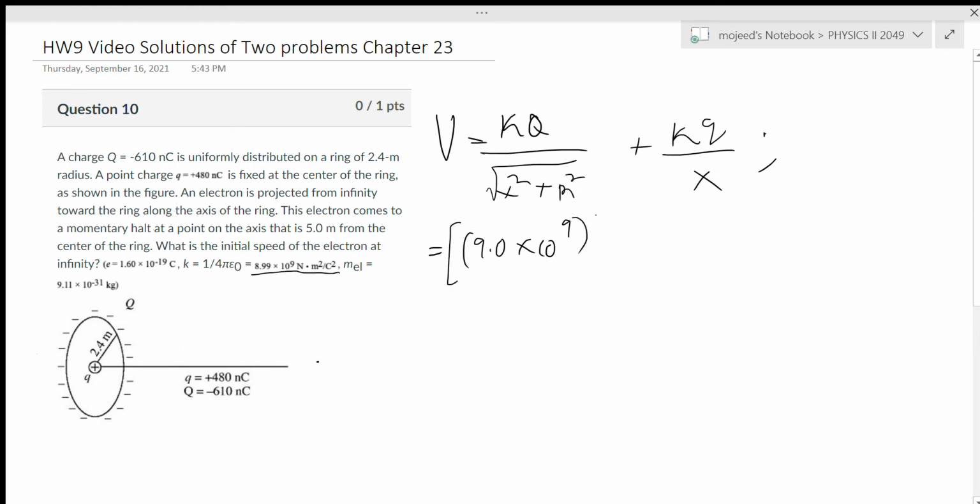Then you multiply that by Q, which is in nanocoulombs, so it is written as negative 6 times 10 to the negative 9th, over 2.4.